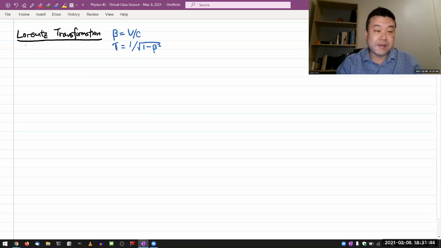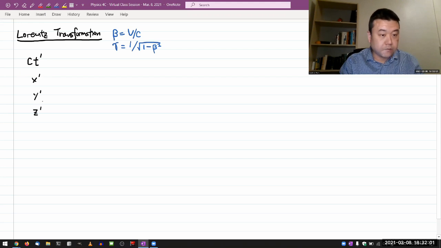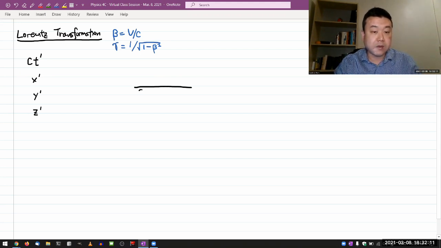So when you write down the Lorentz transformation, which is a rule that tells us how to figure out what the coordinates in the primed coordinate system are, you have to imagine two inertial reference frames. One inertial reference frame is at rest.